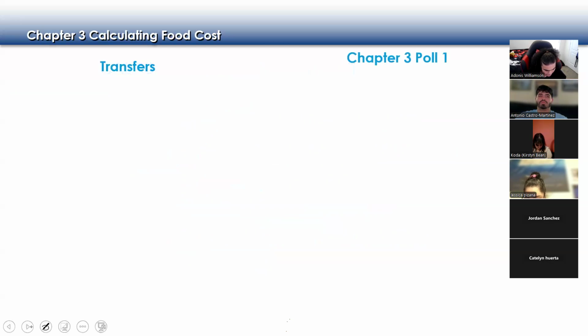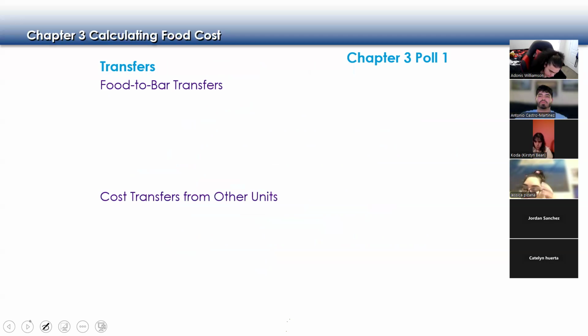All right, the other thing we want to talk about is transfers. The formula that I just gave you was a very simple formula to figure out your food cost. It's the cost of all the goods sold, which includes food and beverages. But we might have to transfer. Who can give me an example of a liquid ingredient being part of your food cost?